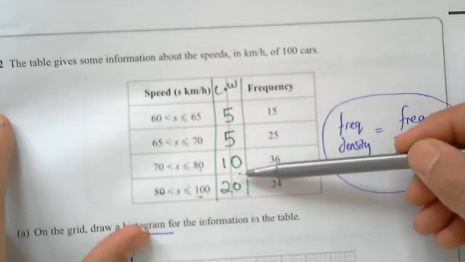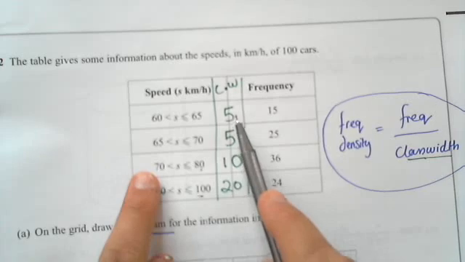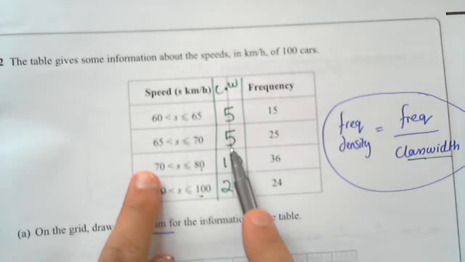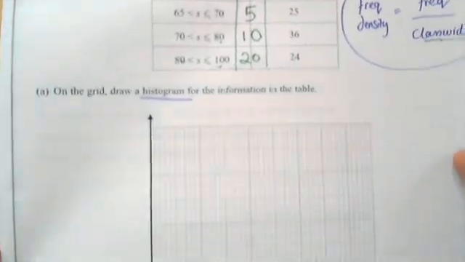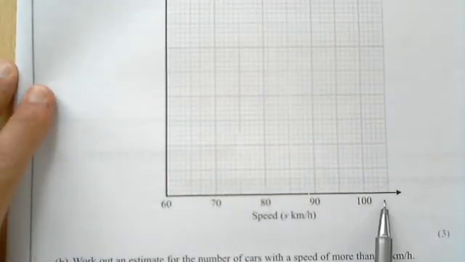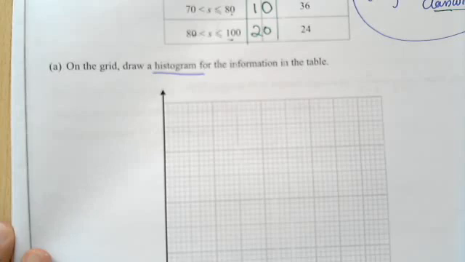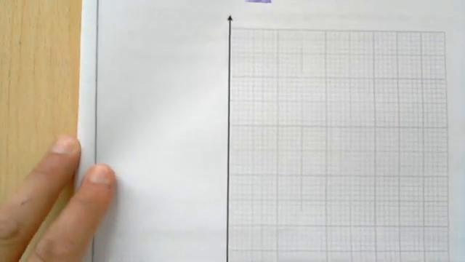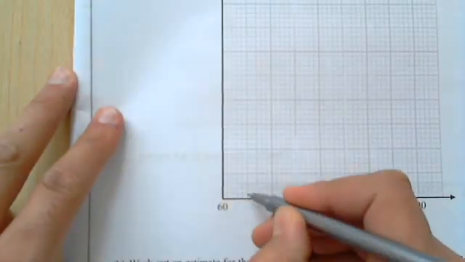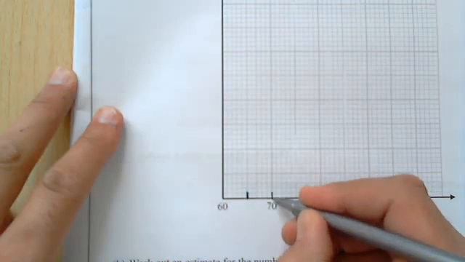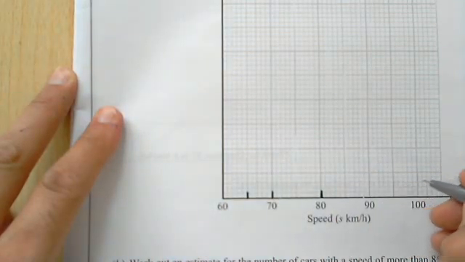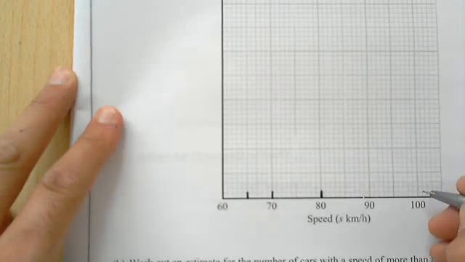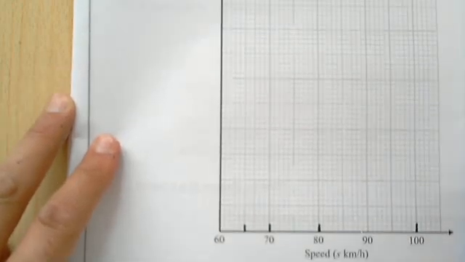We're not drawing a bar chart with the same widths. So the width here is 5, here is 5, here is 10, and here is 20. Those widths you will find along the bottom. So quickly mark on 60, 65, 65, 70, from 70 it goes to 80, from 80 it goes all the way across to 100.